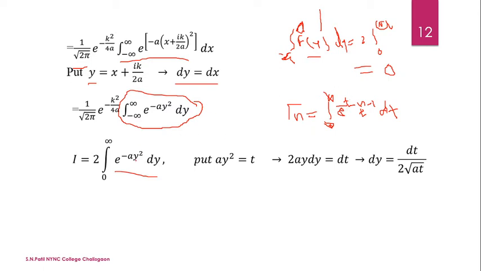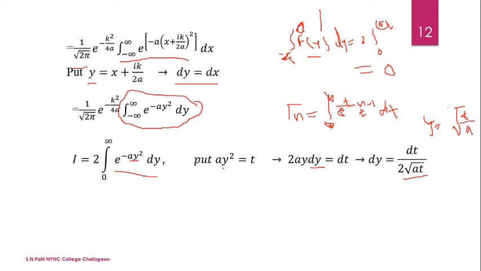So for that we use the substitution: we put a y square equal to t, and we get e raised to minus t. Now differentiate y with respect to t. The derivative of a y square is 2ay dy/dt. Then dy is equal to dt divided by 2ay, and the value of y is under root t upon a.